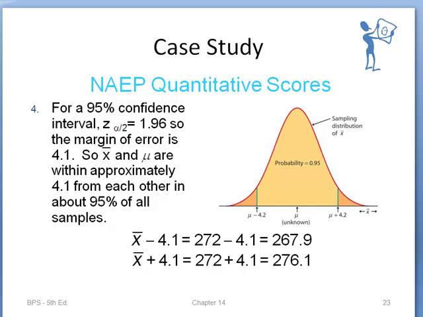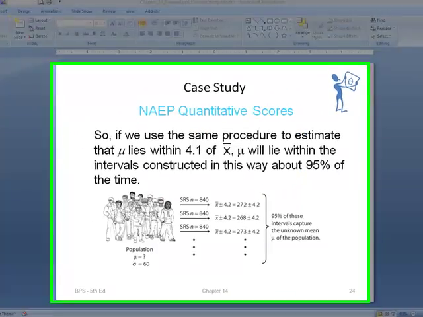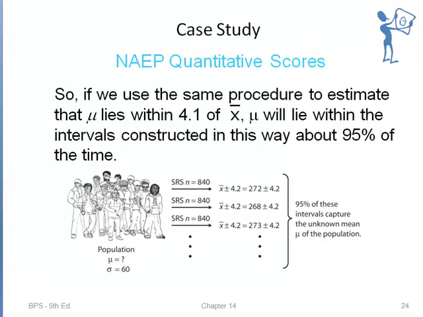It would be between 267.9 and 276.1. So again, looking at the underlying meaning, if we use the same procedure to estimate mu for many, many different random samples of size 840, they would lie within 4.1 of those means we would calculate, and about 95% of them would contain the true mean.